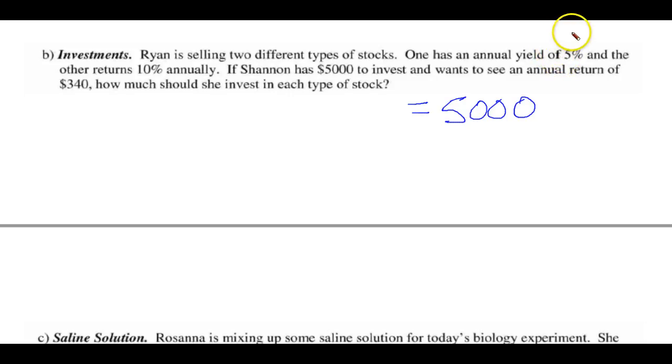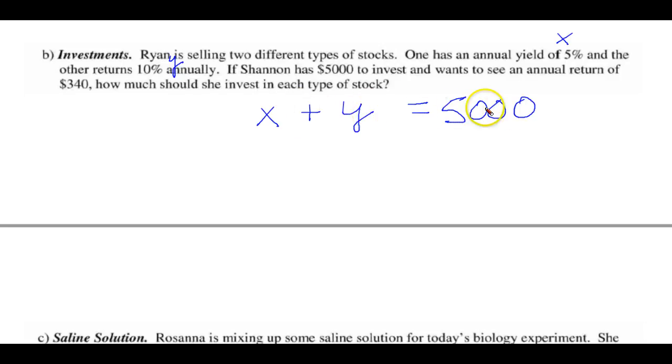Well, we can say that would be X. And the other portion at 10% would be Y. So the amount of that 5,000 and the other amount would equal the 5,000.